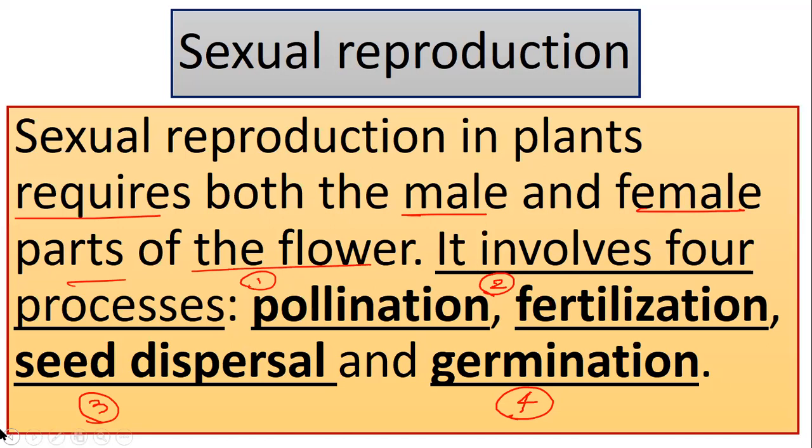So again, everyone, we will talk about pollination today, fertilization, seed dispersal, and germination. But I don't know if we can finish them, because pollination is complicated.